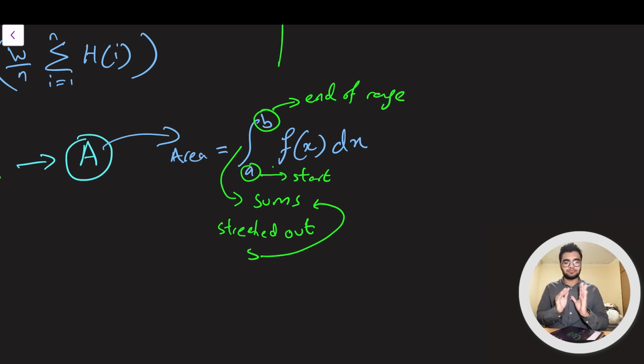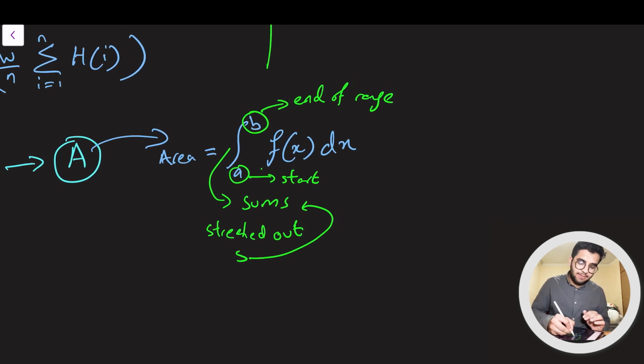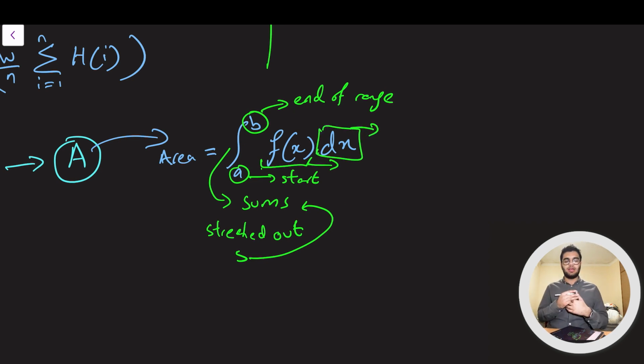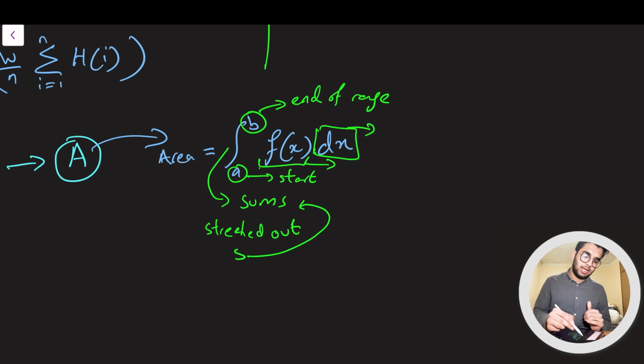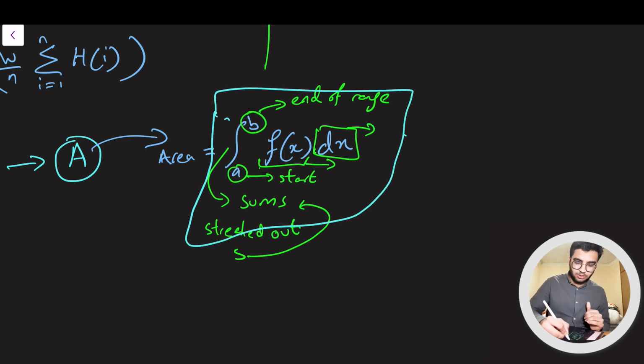Again, nothing complicated. f of x is the function you're looking at, and dx is the variable being used. So that is your notation, and this notation is called the definite integral.